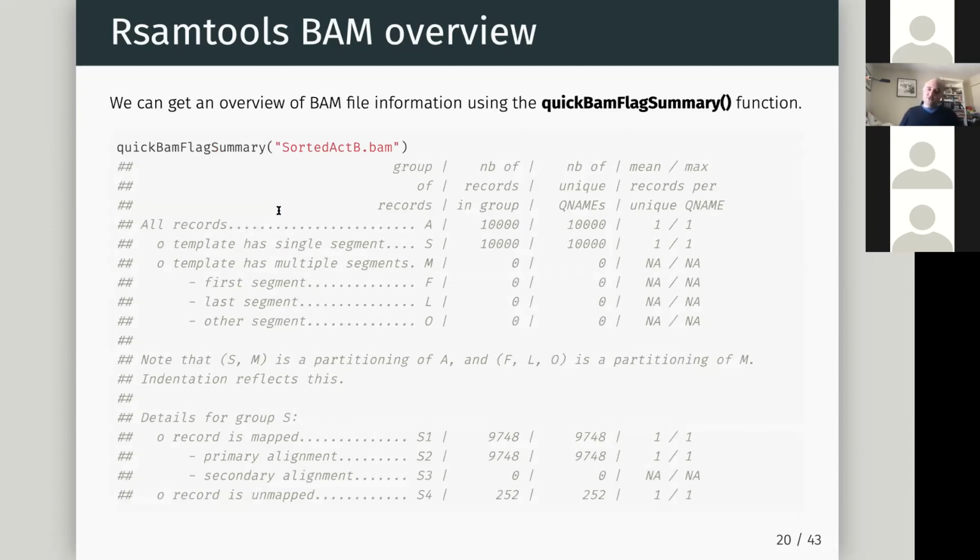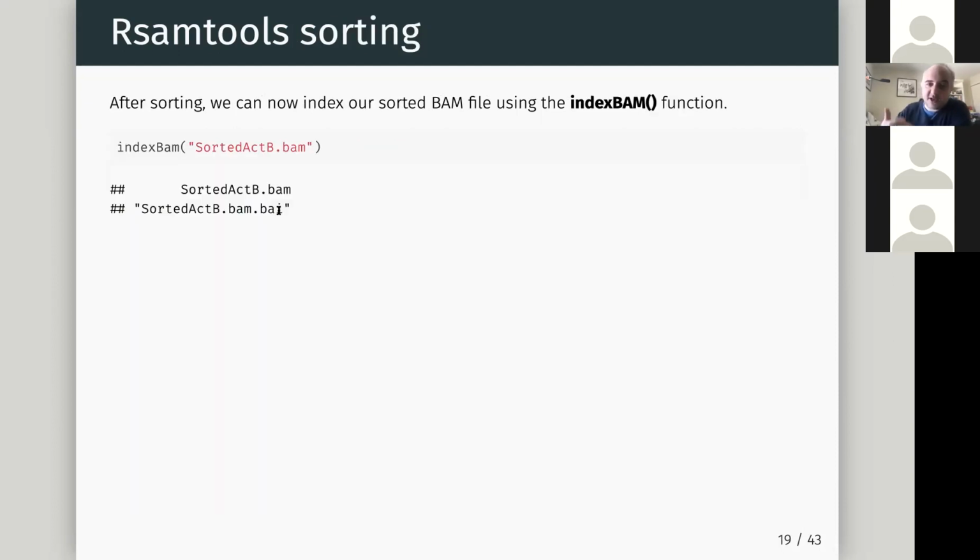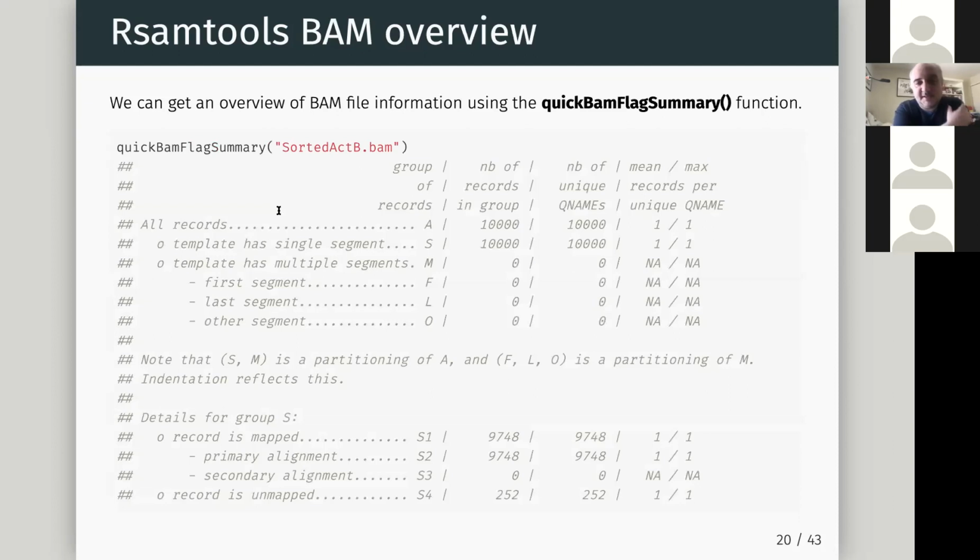We can use some of the functionality within SAMtools to quickly get an overview of our mapping rates, how our data is mapped, so we can get an idea of, okay, did we manage to map any reads, some reads, how well did they map? Just using our quick BAM flag summary.